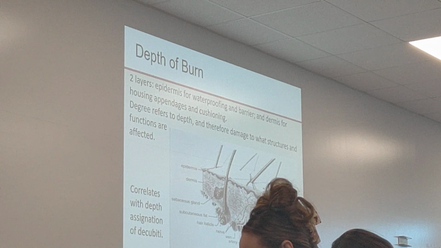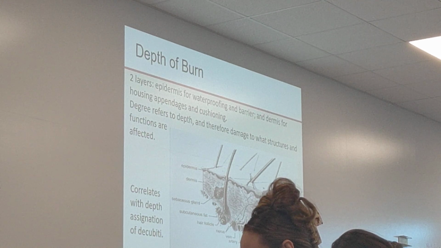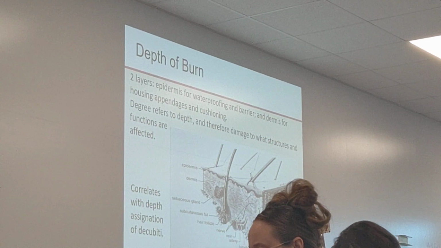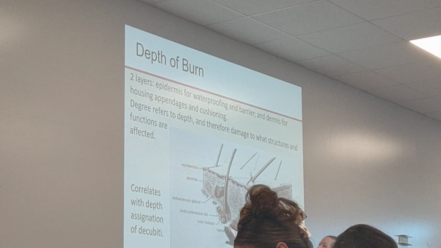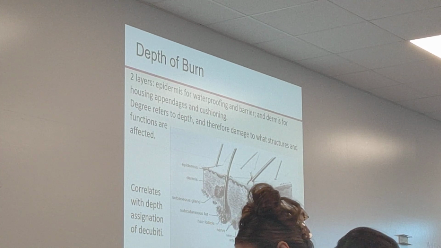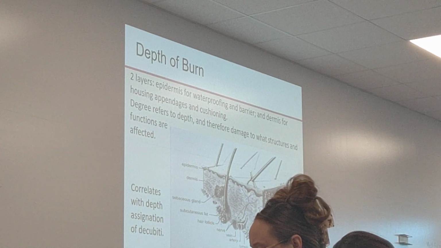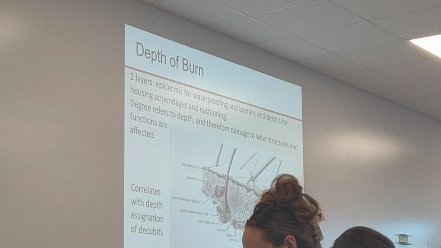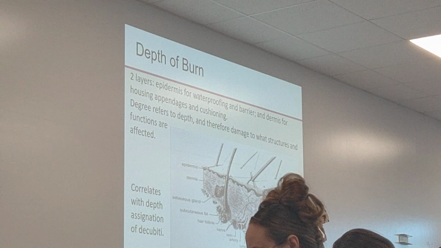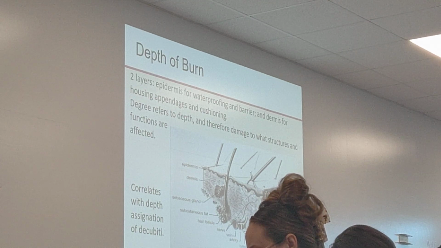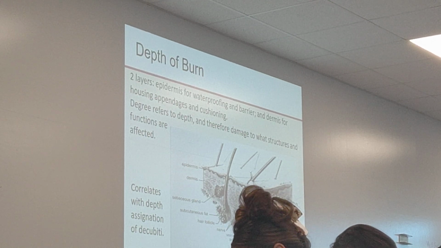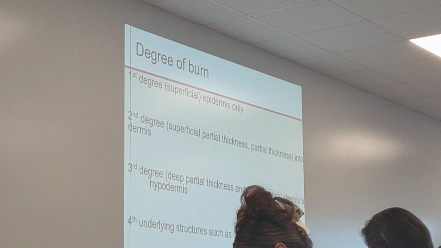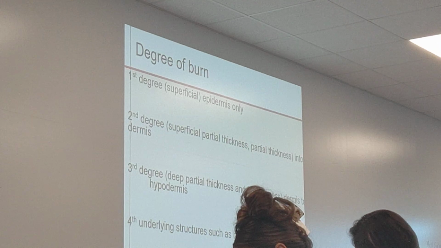Deep second degree burns go a little further, but they're not getting into your vessels and fat. But full thickness is all the way down, and you can see subcutaneous fat, muscle maybe, veins and arteries, nerve endings, bone. That's your different degrees.